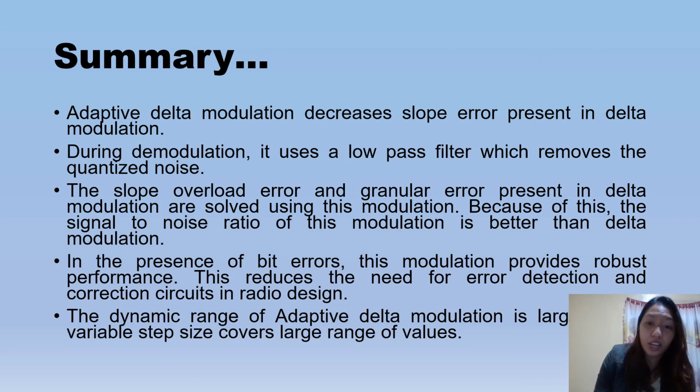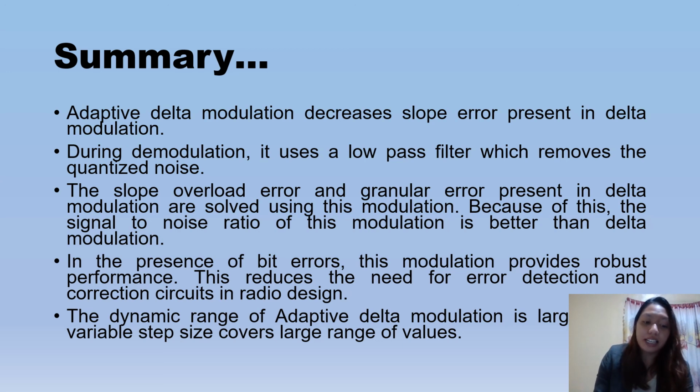So as a summary, we have the advantages of adaptive delta modulation. Adaptive delta modulation decreases the slope error present in delta modulation. During the modulation, a low-pass filter is used which removes the quantization noise. The slope overload error and granular error present in delta modulation are solved using this modulation.